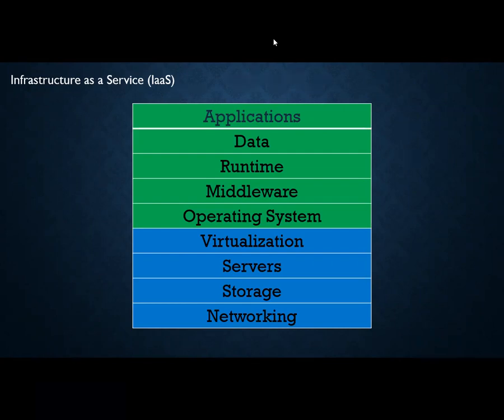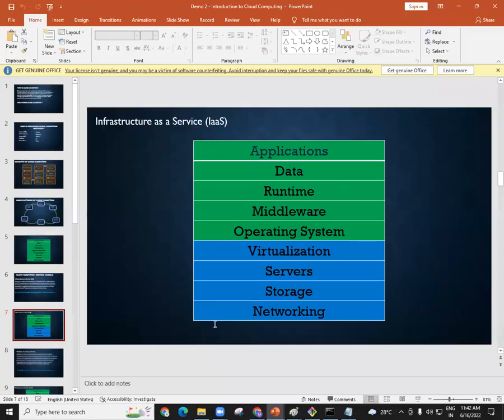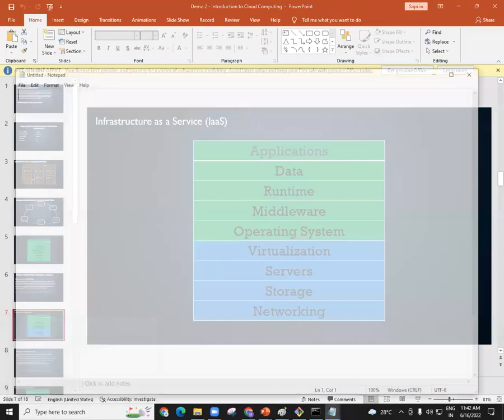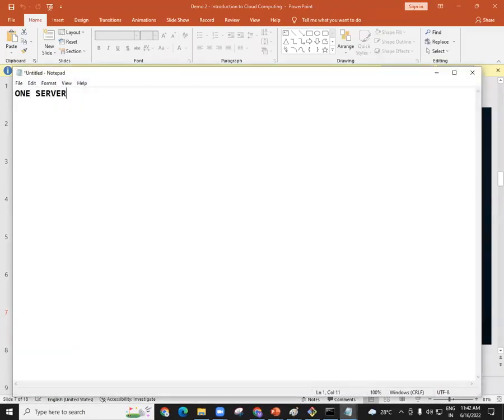Okay, there is one more question coming from Raghu. He says, is it not possible to run multiple applications in a single VM? It's a good question. We can run multiple applications in one VM, but there is something called load. Normally we follow a rule in networking: one server, one service.